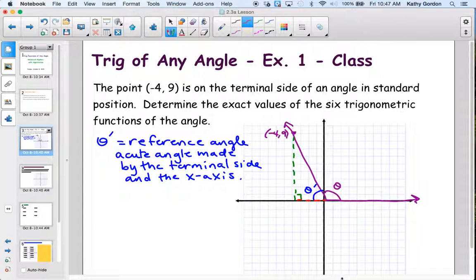So, what do I know about this right triangle? Instead of thinking about it as rotation, let's go back and think about it as a right triangle. What do I know about it?